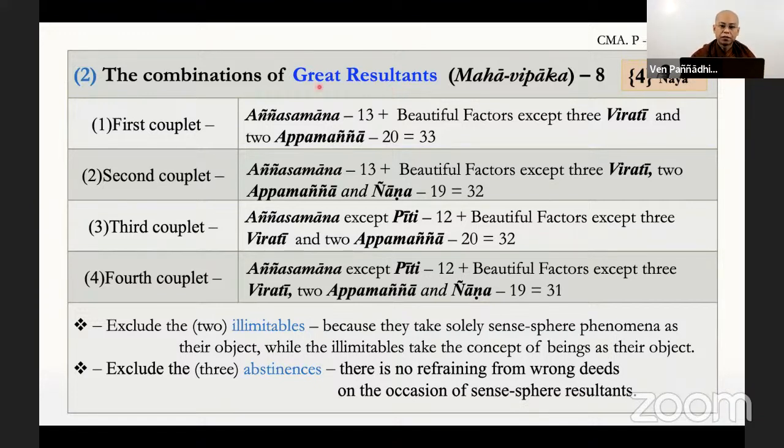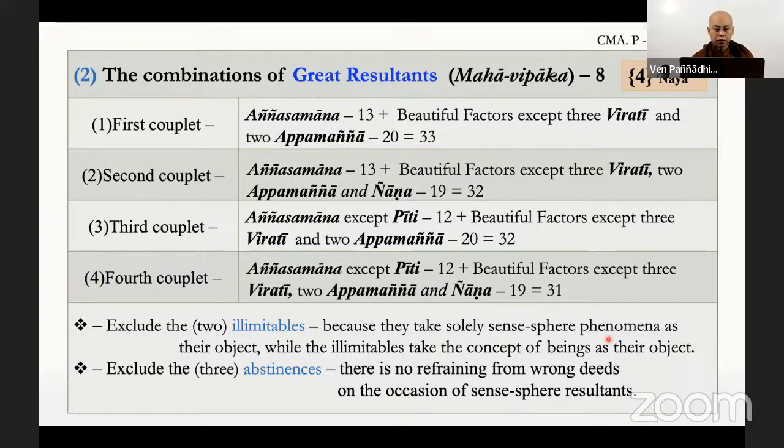So the great resultant consciousness can perform the functions of Paṭisandhi, Bhavanga, Javana, and also Tadārammaṇa. During performing these functions, it can take only sense-sphere phenomena as its object. It cannot reach subplane phenomena or Lokuttara phenomena as object.